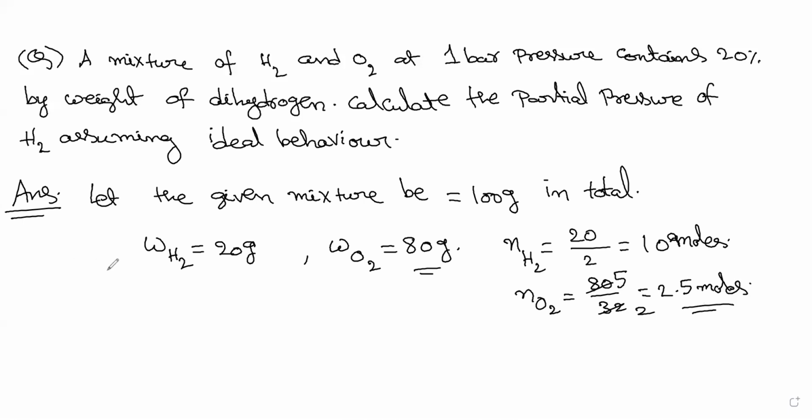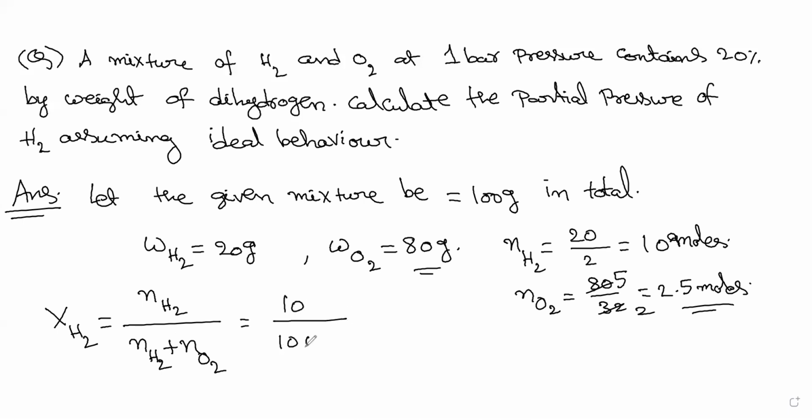After this, to calculate the partial pressure, we need mole fractions. Mole fraction of hydrogen is number of moles of H2 divided by number of moles of H2 plus number of moles of O2. This is how we calculate. So number of moles of H2 is 10 moles, so 10 divided by 10 plus 2.5.